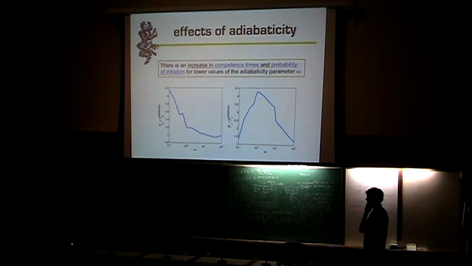So this means that even for still pretty high values of the adiabaticity parameters, even when the binding and unbinding is as much as 10 times larger than the other time scales, you still have pretty important effects over here. You can have regions of the parameter space that show competence, even if the binding and unbinding is not that slow.